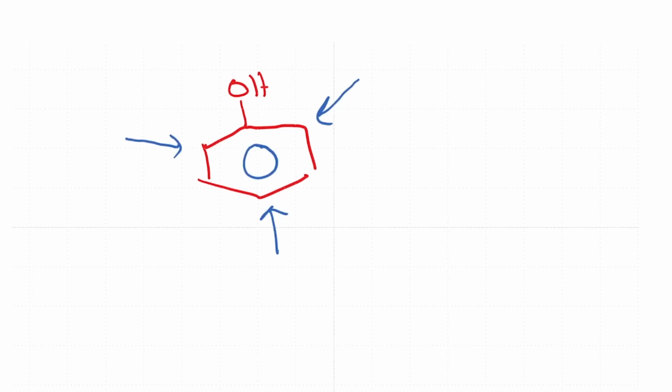So it is not surprising that these positions are more reactive. The electron density on these carbons is higher, and this results in increased reactivity of these positions. We'll also look in more detail at the energy profile in a later lecture, but this certainly contributes to the ortho-para directing ability of phenol.